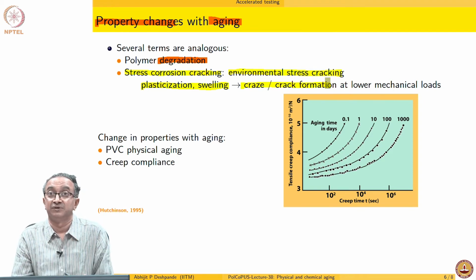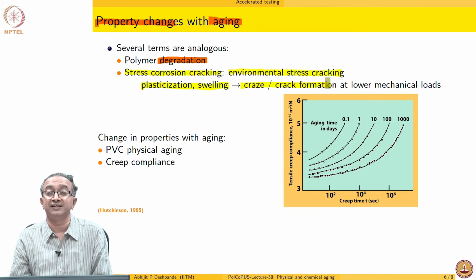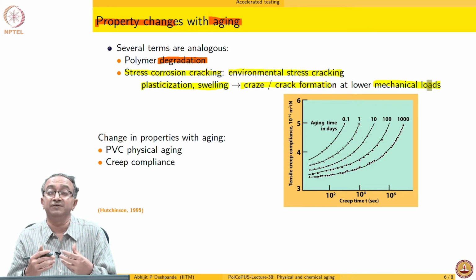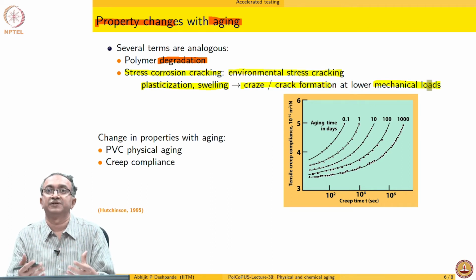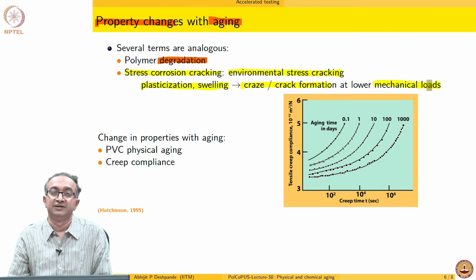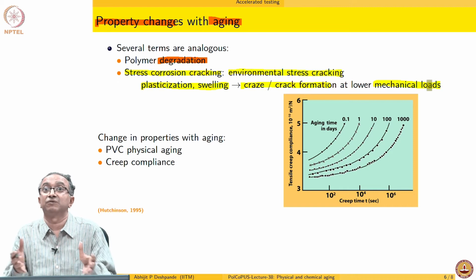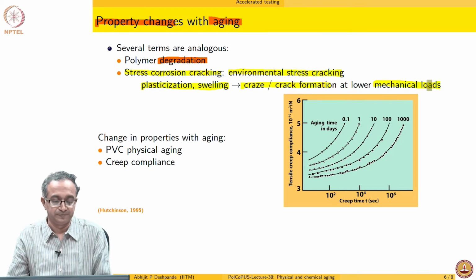We also discussed damage in these materials, which is basically crack formation. But what's crucial about environmental stress cracking or stress corrosion cracking is that it occurs at much lower mechanical loads. These phenomena can happen because the surfaces are exposed to different physicochemical environments. It will start from the surface and then penetrate, but in the end it will influence the overall properties of the part.